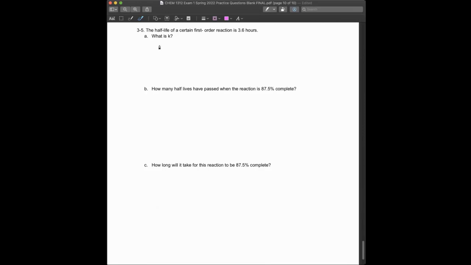According to the chart, the half-life for a first order reaction is going to be 0.693 over K. Solving this, every time you see something in hours, always convert to seconds. So 3.6 times 60 times 60 gives 12,960.